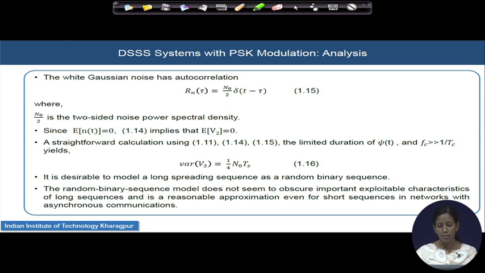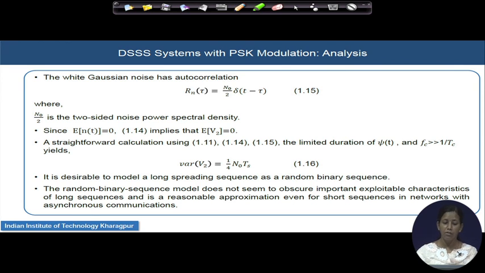So, as both the jamming plus noise is a random process, its second order statistical property, that means the variance, will be a very important part for our consideration, from where we will take care of how much error probability we are expected to get in such a scenario.